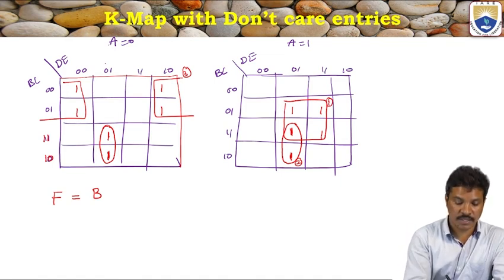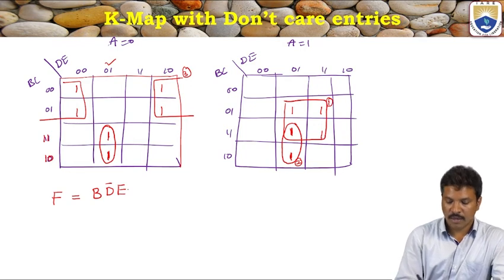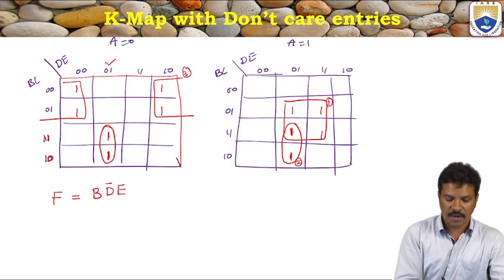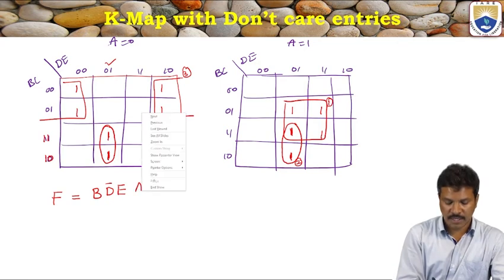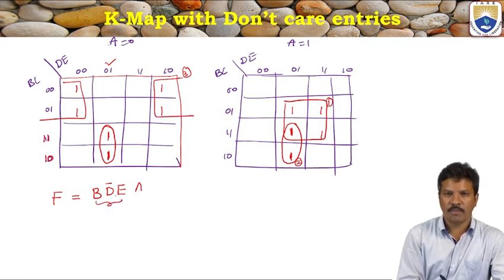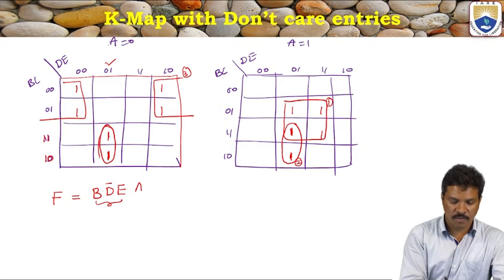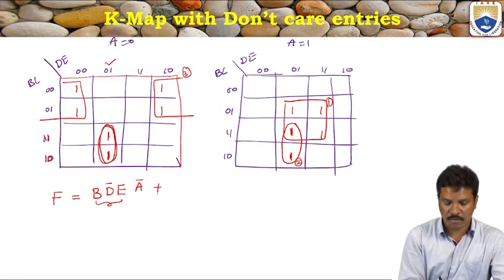D bar E. This is the D bar E. But here the same pair is available in A is equal to 1. So the minimized 3 variables for this pair are B D bar E in the A bar box and B D bar E in the A is equal to 1 box.